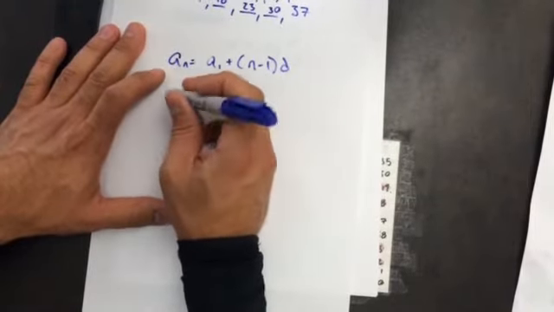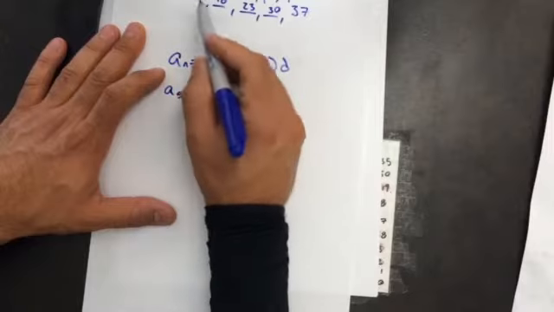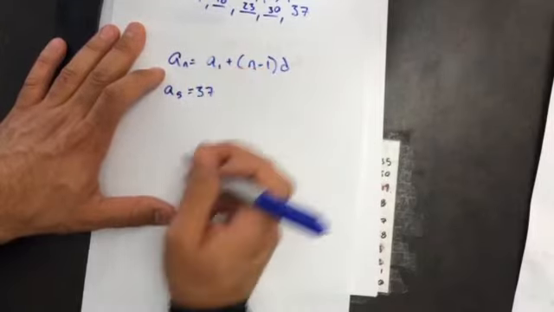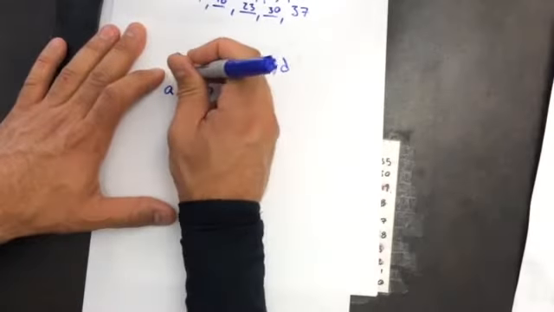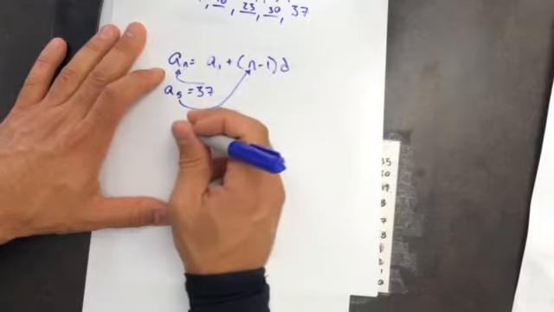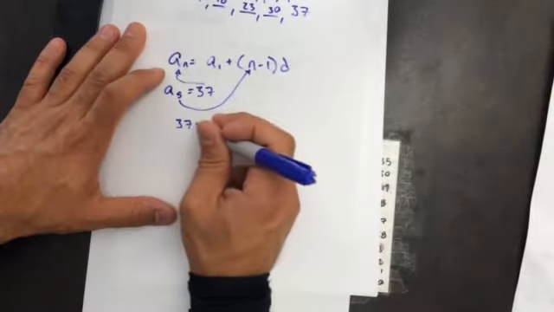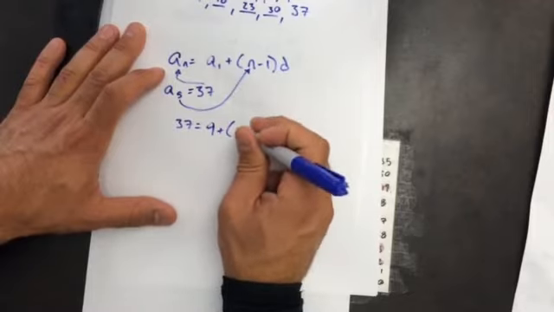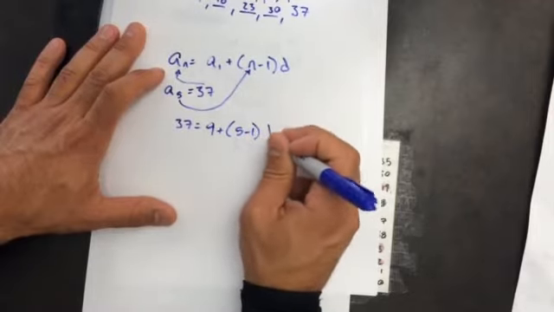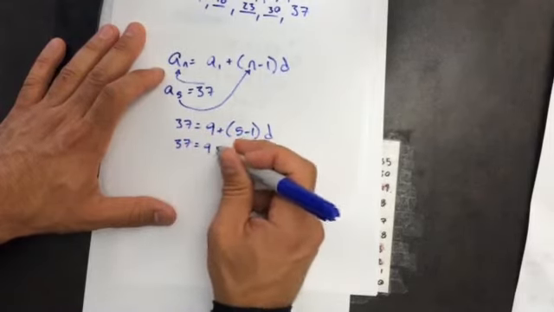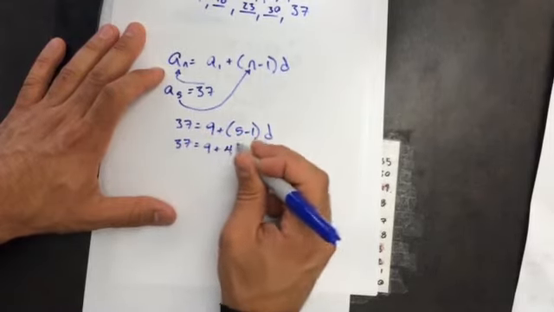I know a sub 5, 1, 2, 3, 4, 5 equals 37. So I'm going to plug that in right here. And I'm going to plug this 5 in right here. So I'm going to say 37 equals a sub 1 is 9 plus 5 minus 1 times d. 37 equals 9 plus 4d.